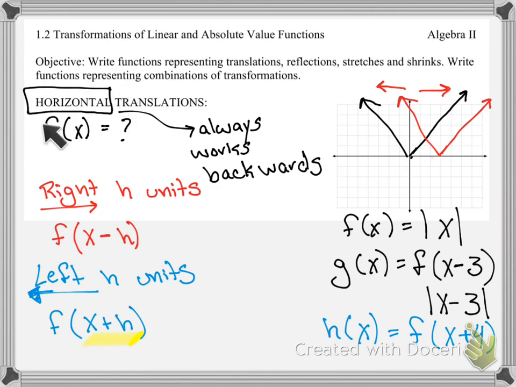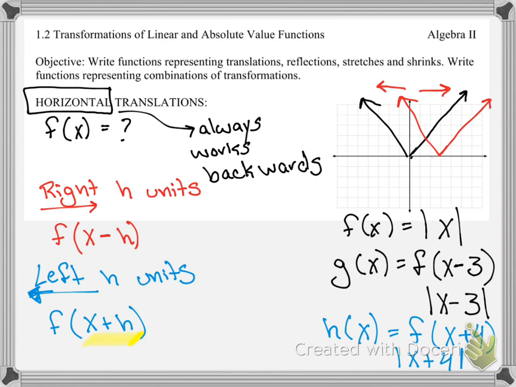Again, because horizontal always works backwards. And you'll see that when we're doing stretches and shrinks as well. Horizontal always works backwards. So it'd be the absolute value of x plus 4.